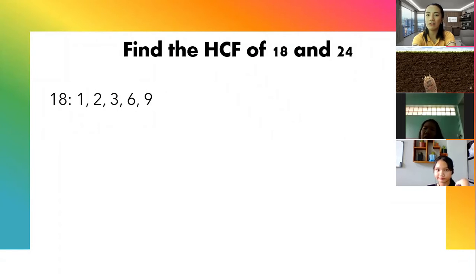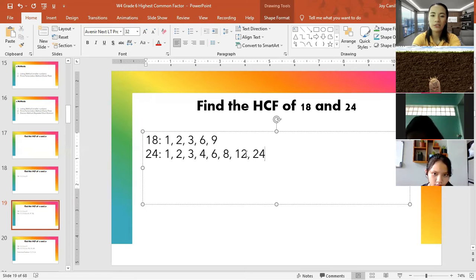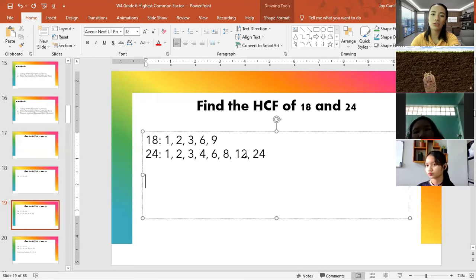Next, can you give me the factors of 24? 24 is 1, 2, 3, 4, 6, 8, 12, and 24.